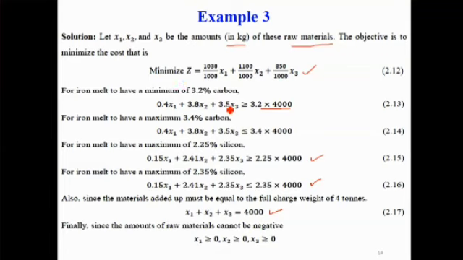In the next class we will see some methods. From this point onwards we will see how to find the exact x1, x2, x3, or approximately whatever the values will be, so that we get the optimum solution.